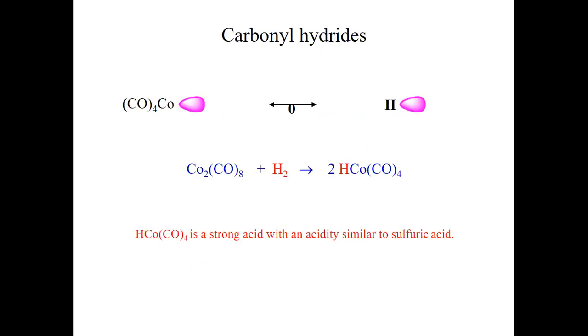All right. So finally, I wanted to talk briefly about another interesting class of carbonyl compounds. These are carbonyl hydrides. So a hydrogen ligand is a ligand which, according to the concept of isolobality, has one frontier orbital with one electron in it.